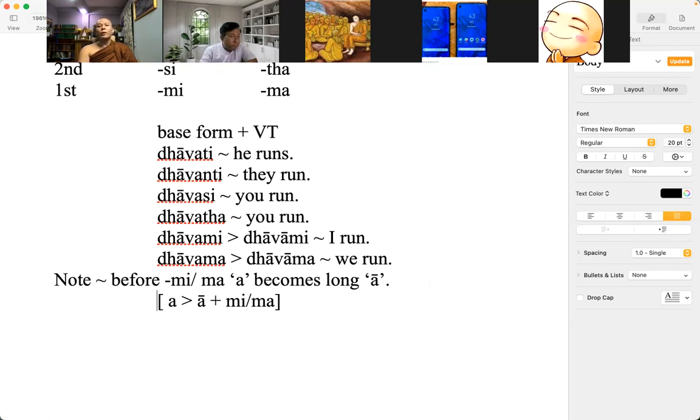Okay, so now we have already learned the present tense and the first conjugation sign, and how to form the complete verb in Pali. Okay.